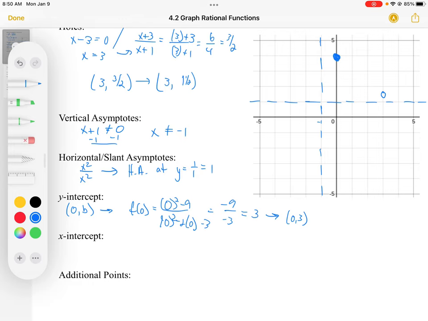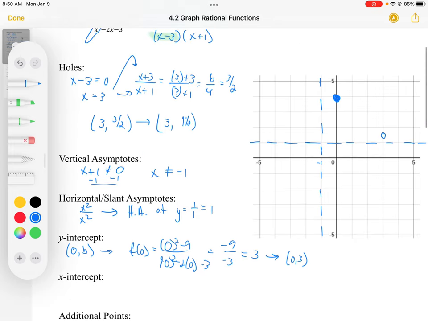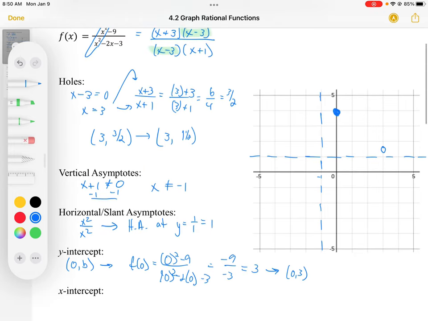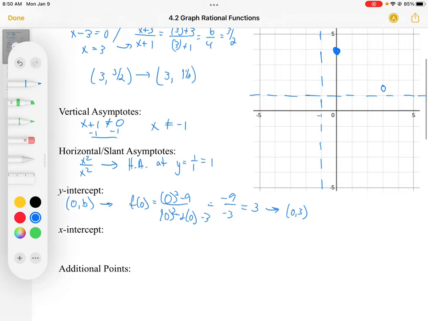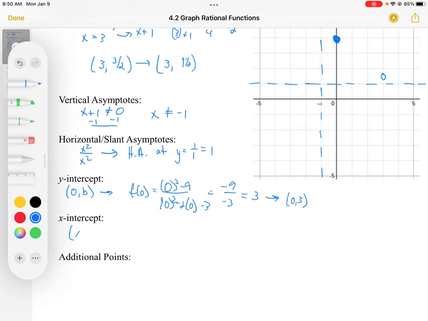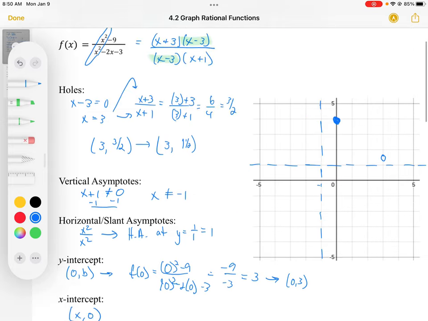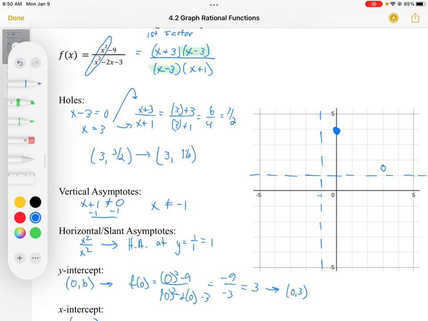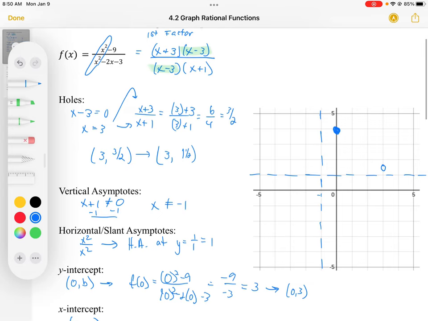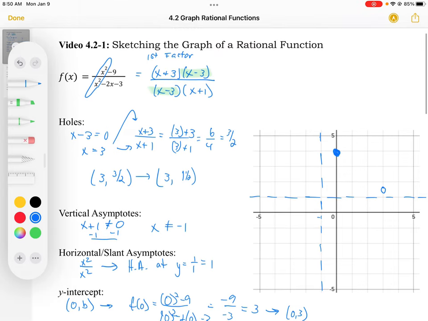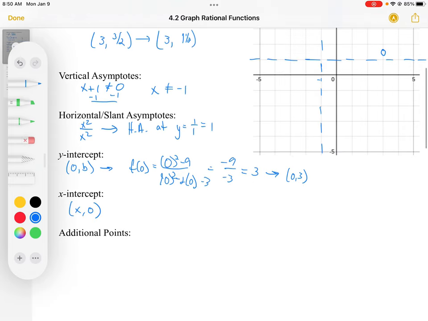My next characteristic is the x-intercept. x-intercepts occur when the y-coordinate is 0. So that essentially means when this function is equal to 0, and that's going to occur when the numerator is 0. My numerator, the only factor I'm left with in the numerator is x plus 3.